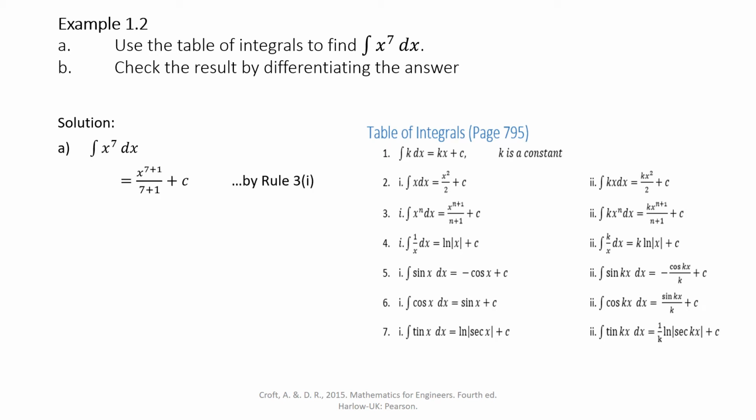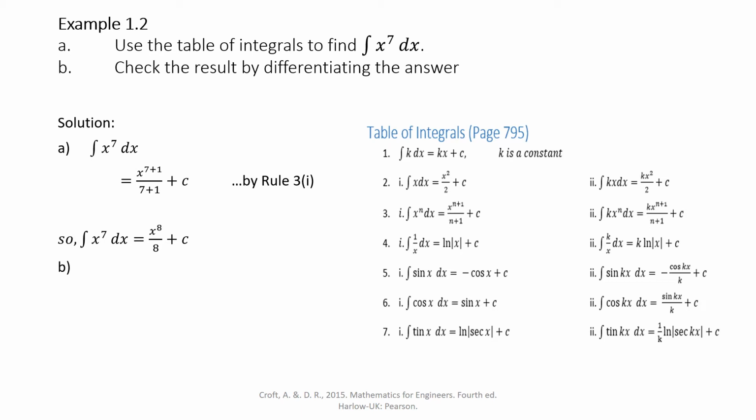So 7 plus 1 divided by 7 plus 1, plus c. The concept of integration will come all the time. Rule 3.1 is used, and the final answer comes as x to the 8 by 8 plus c.